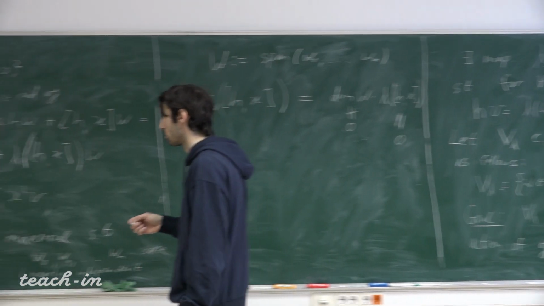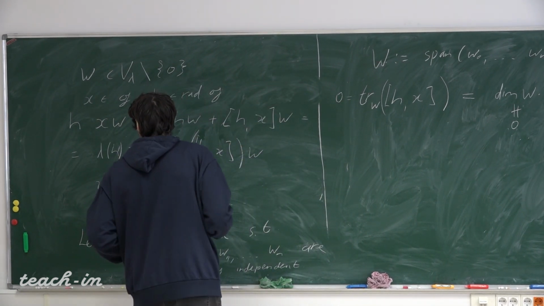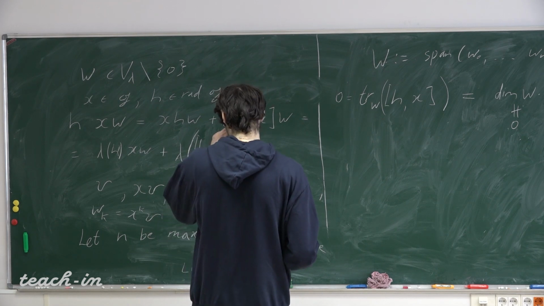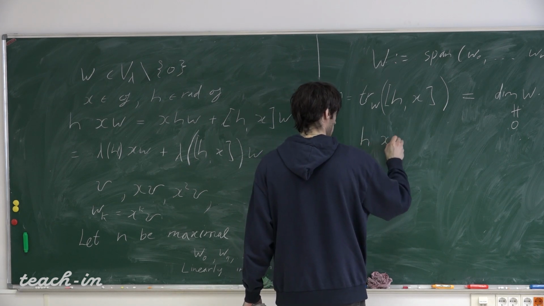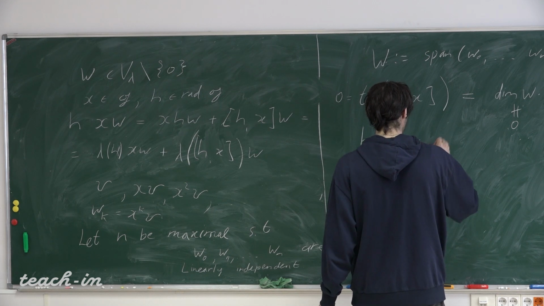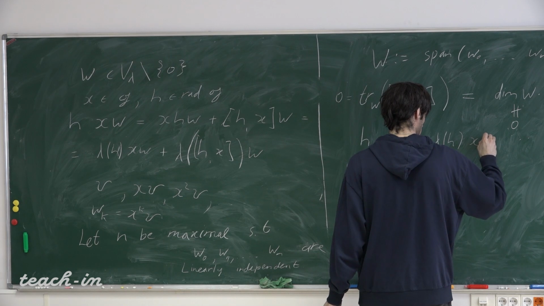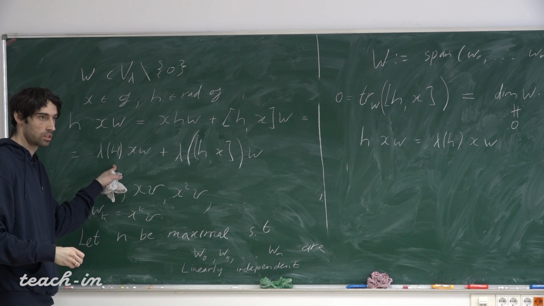And so we're actually done, because we proved that this thing is 0, right? So it means that hxw is lambda of hxw, right? This is gone. This is the only term that is left.